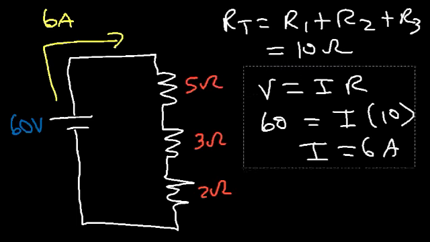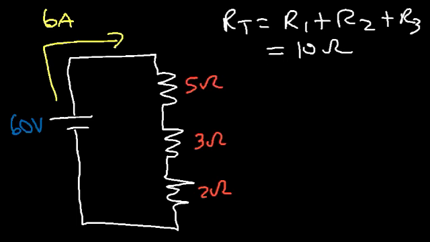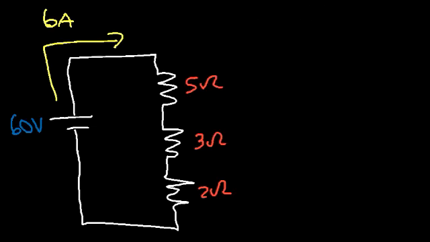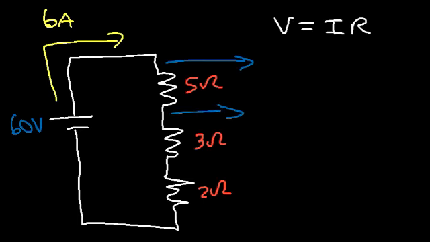Now what is the voltage drop across each resistor? So we need to use V equals IR. It's going to be the current that flows through the resistor multiplied by the value of the resistance. So across the 5 ohm resistor, it's 6 times 5, which is 30 volts.